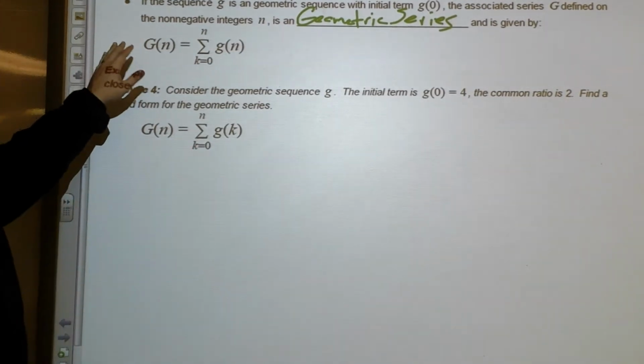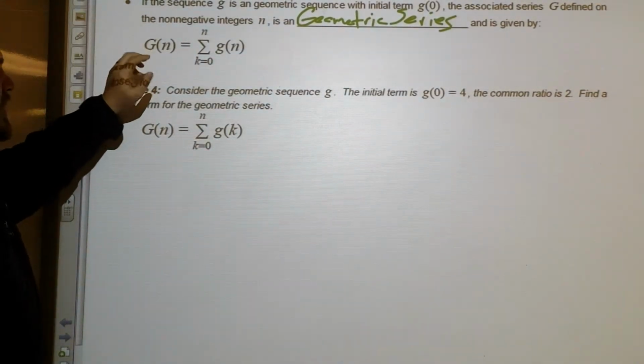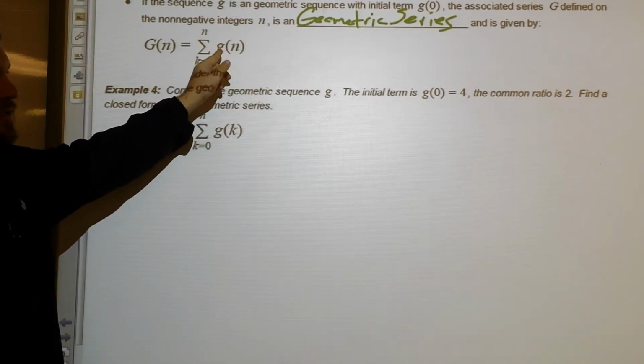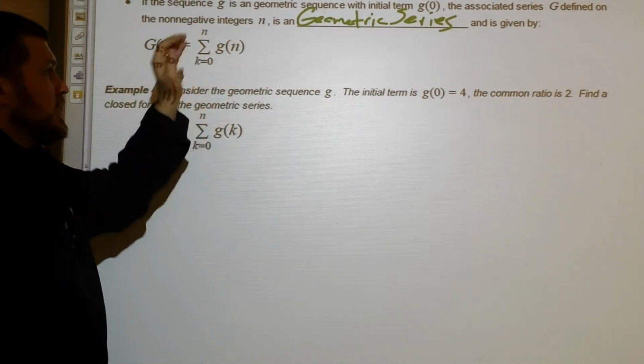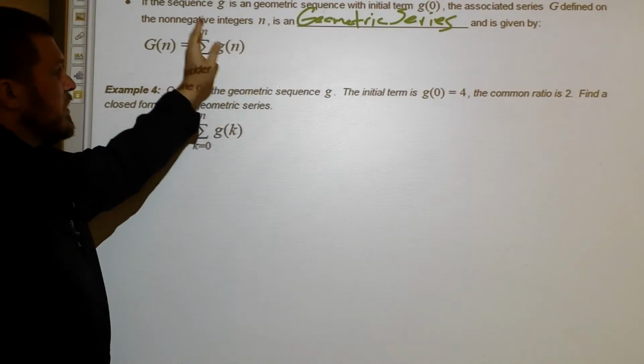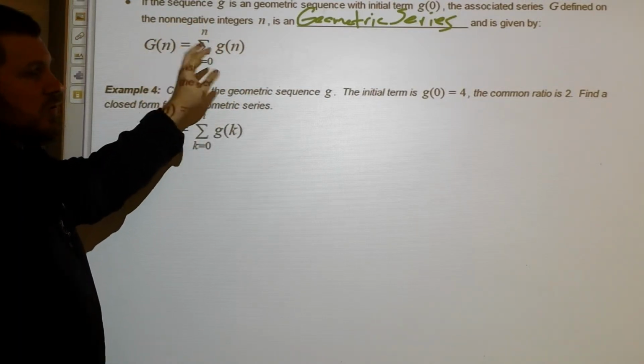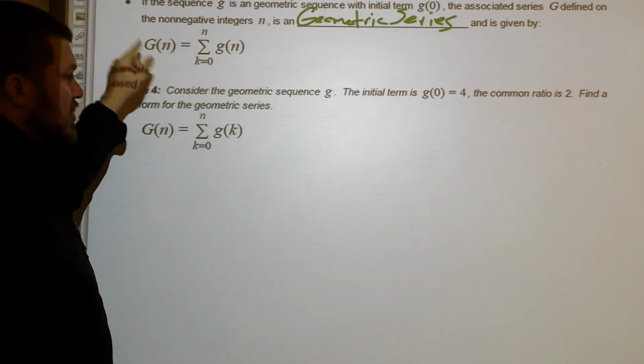Capital G for geometric series is simply the sum of all the values in the geometric sequence. So what you have to do first is find the rule for your sequence, then use sigma notation, and then find the closed form definition that represents your series.